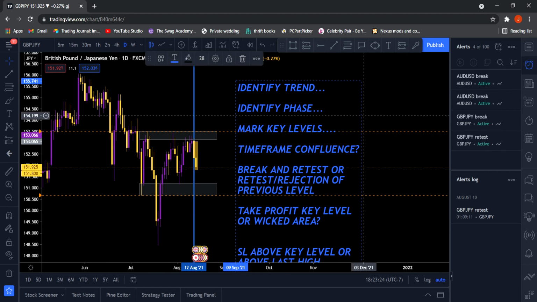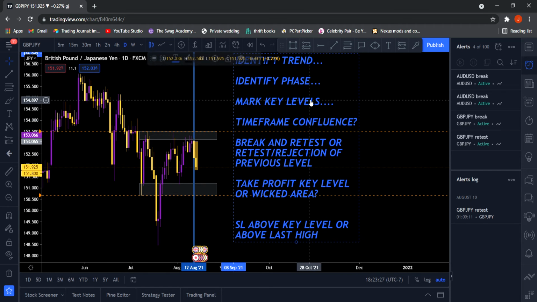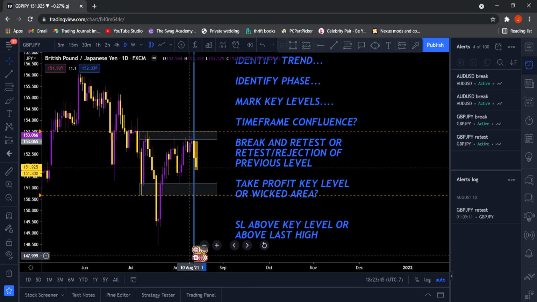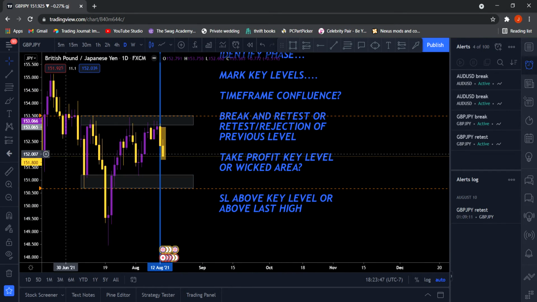All right, the next thing: the only two types of entries that I take are break and retest. That's a simple break and retest of a key level, or like this entry was, a retest slash rejection of a previous level. So just stay on the daily for this one.